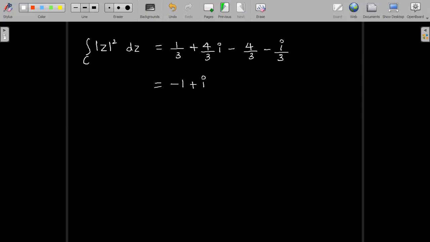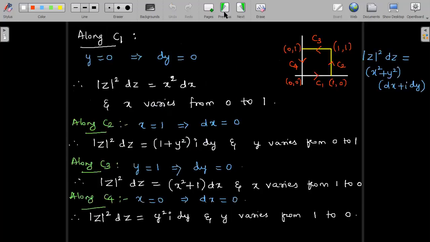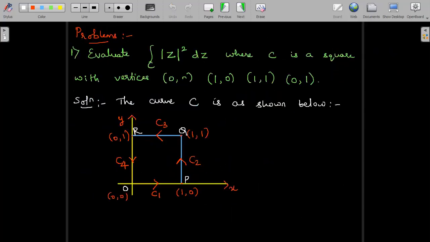So this is the evaluation of the given integral |z|² dz over the curve C. The curve C was a square here, which is joining the points (0,0), (1,0), (1,1) and (0,1).